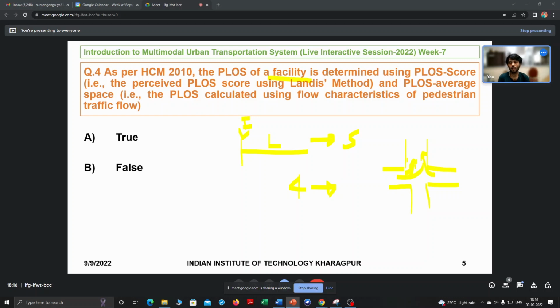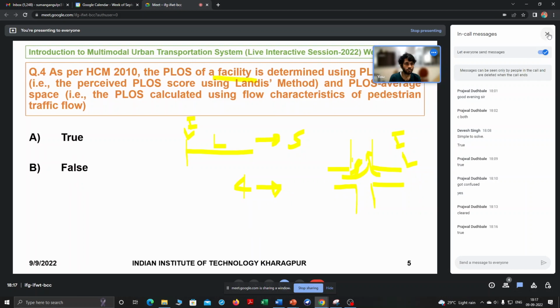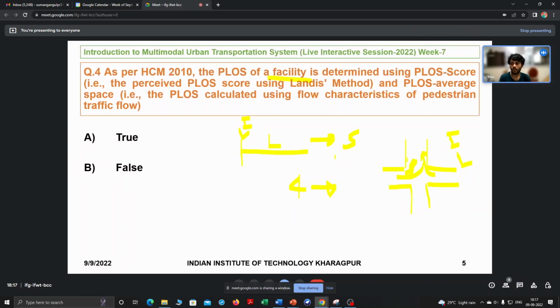Those things come under the calculation of intersection delay as well as link delay. I want all of you to first try to answer. I received one response for this. And that's how you calculate the link and the intersection, and then you calculate for a facility, right?